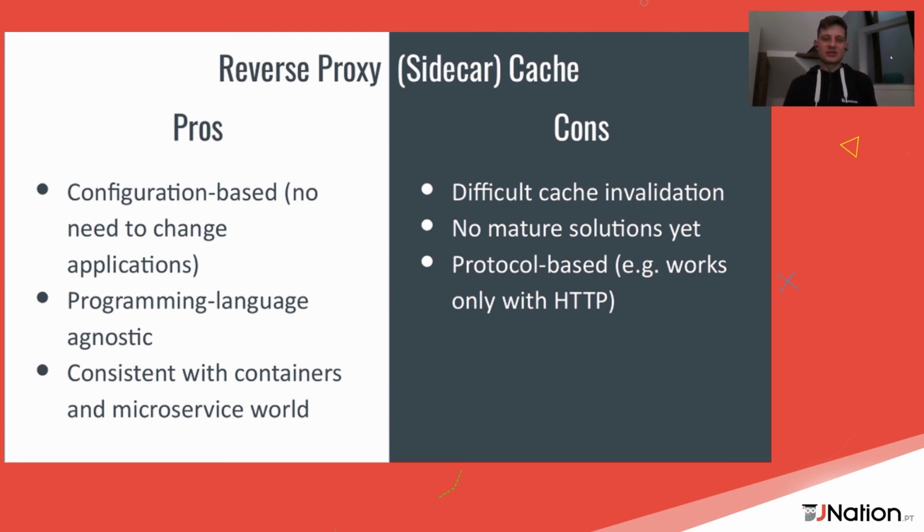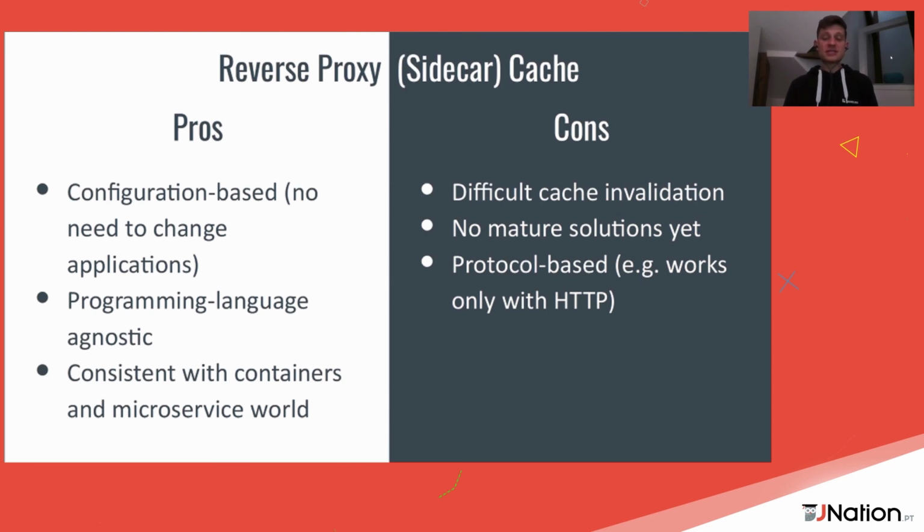It's everything agnostic because it doesn't even touch your application. And it's very consistent with the containers and microservice world. That is actually the direction I think microservices are going now, Kubernetes with Istio and everything like that. We need to manage these microservices somehow, and that is the way to manage your microservice architecture.